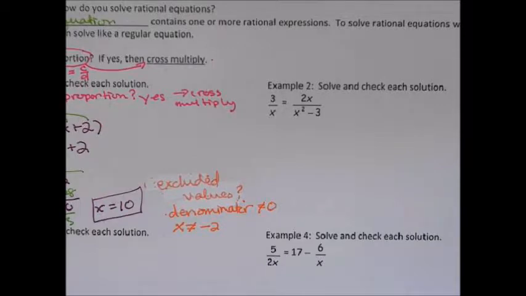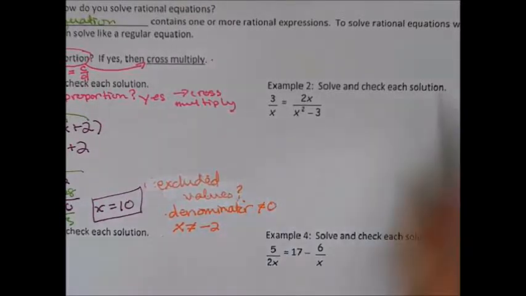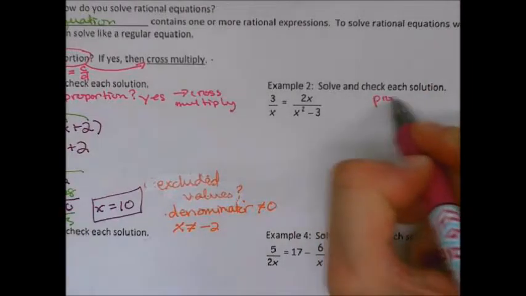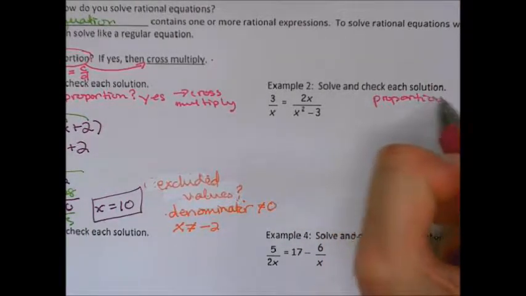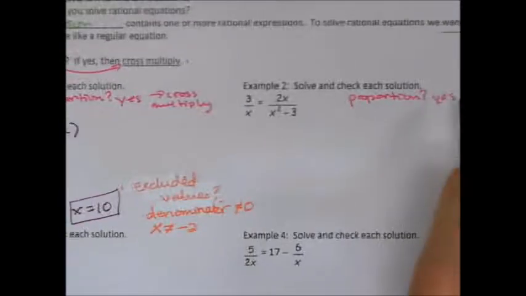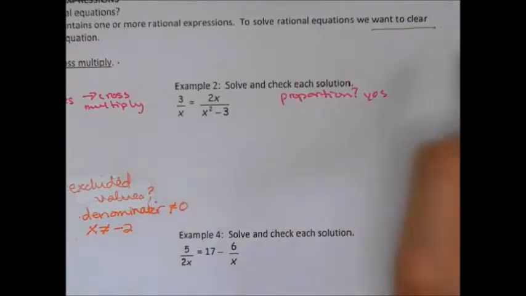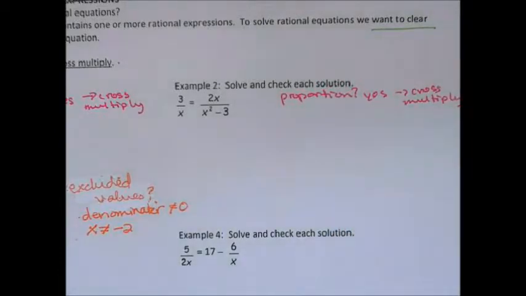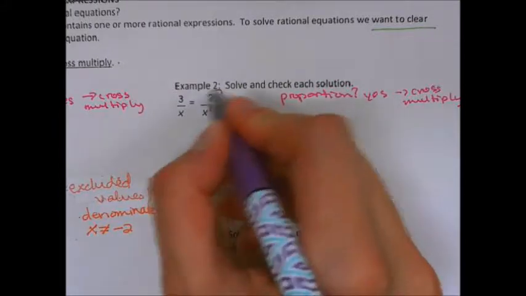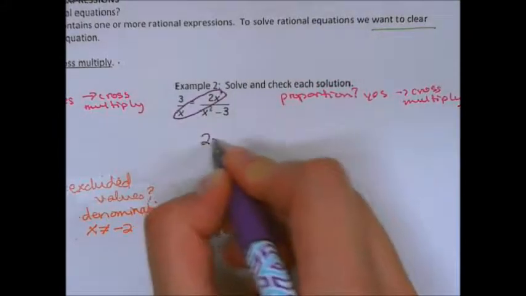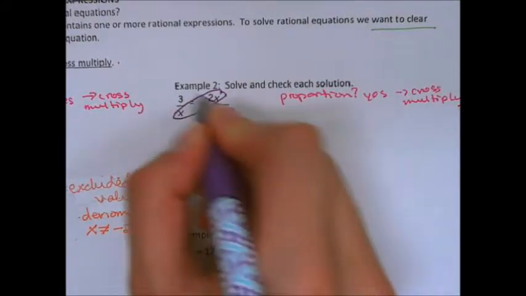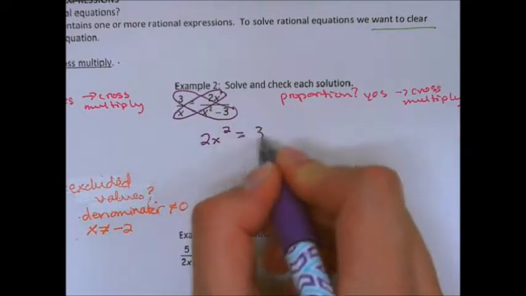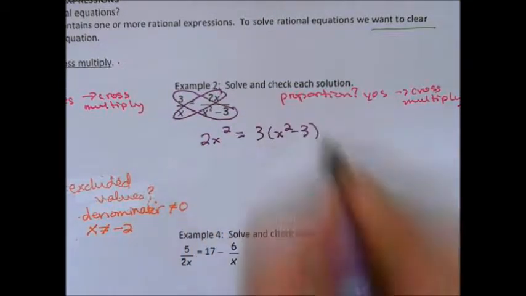Now that you've had time to try number 2, let's go through the steps. Is it a proportion? Yes. Let's skip this over. So we cross multiply. 2x times x is 2x squared equals 3 times x squared minus 3.